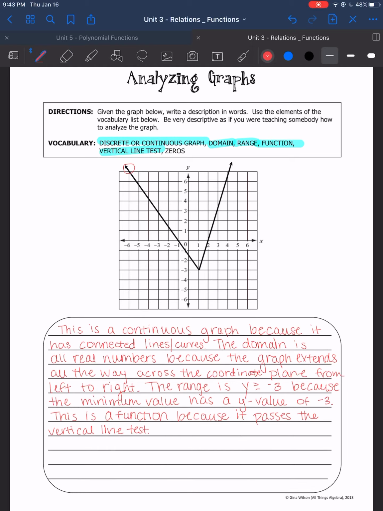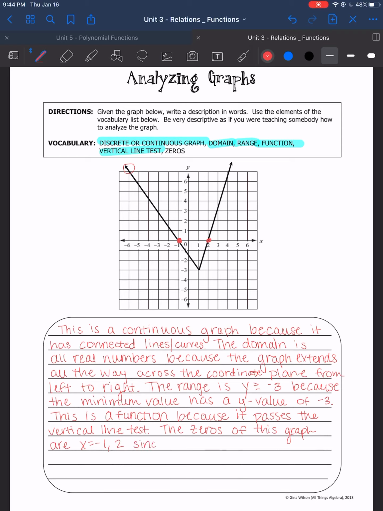So the zeros of this graph are, remind me what zeros are again? Where it crosses the x-axis. So, right there and right there. So my zeros are x equals -1 and 2.